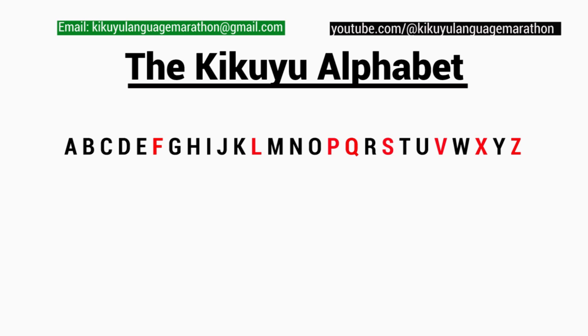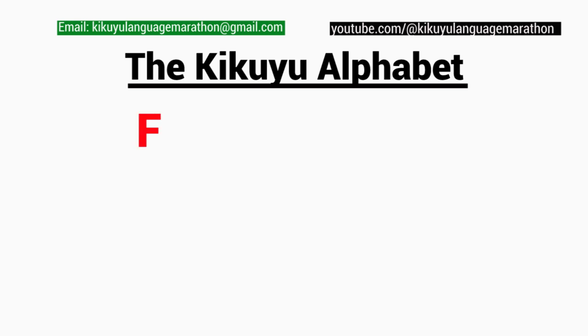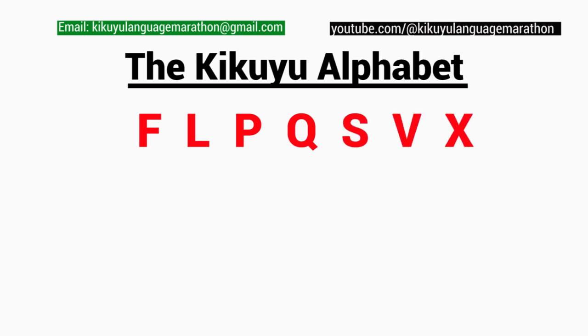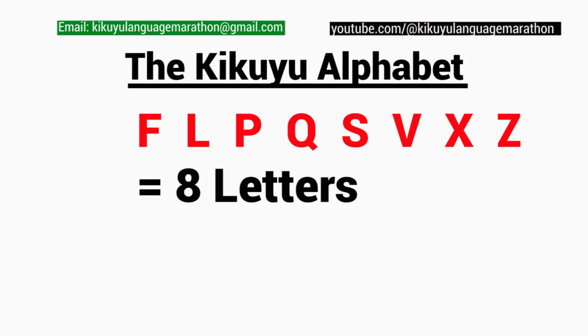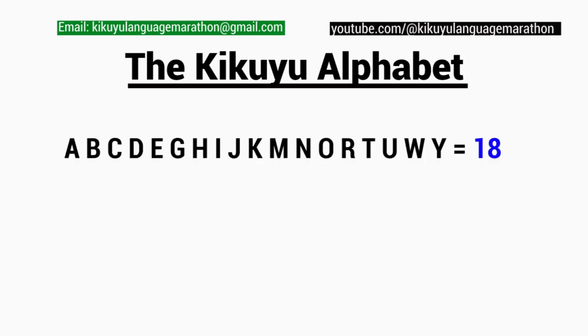Let us see them again. F, L, P, Q, S, V, X, and Z. They are 8 letters, thereby leaving us with 18 letters from the English alphabet.